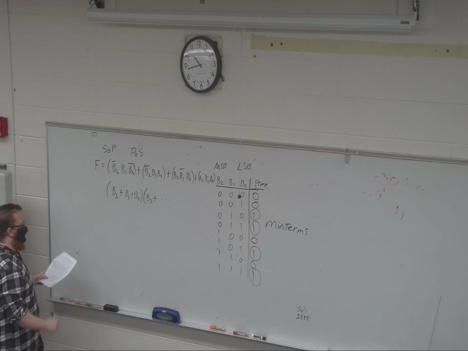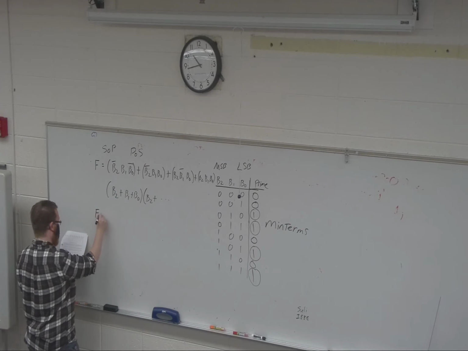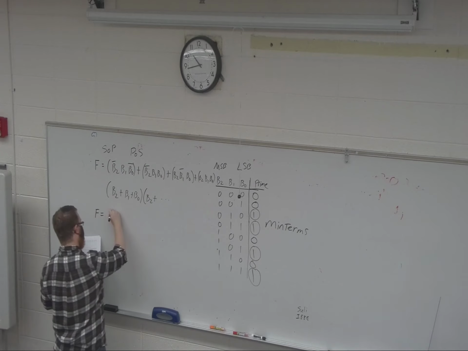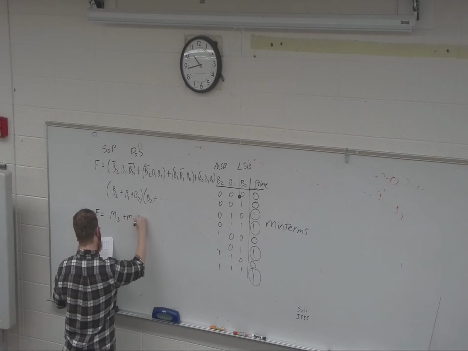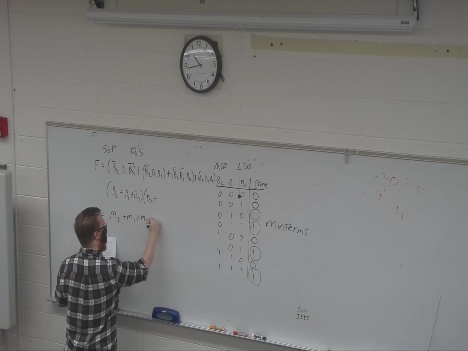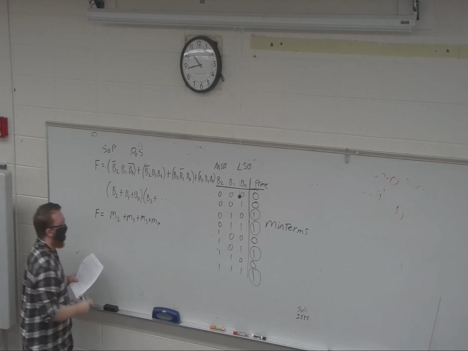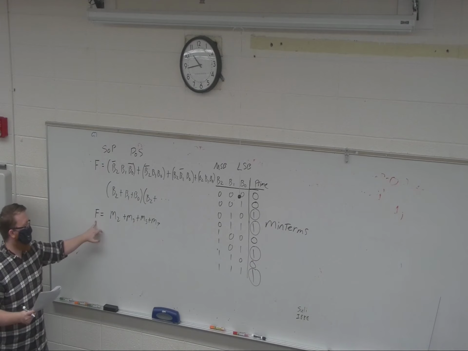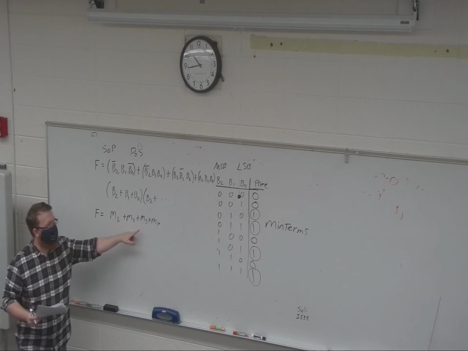Another way to write this is, you'll see this notation. So this is saying it's a sum of minterms 2, 3, 5, and 7.